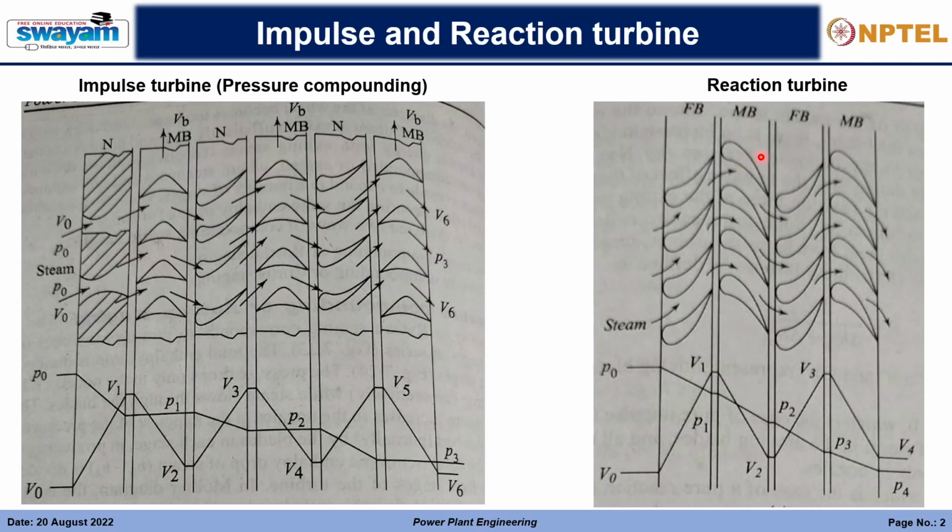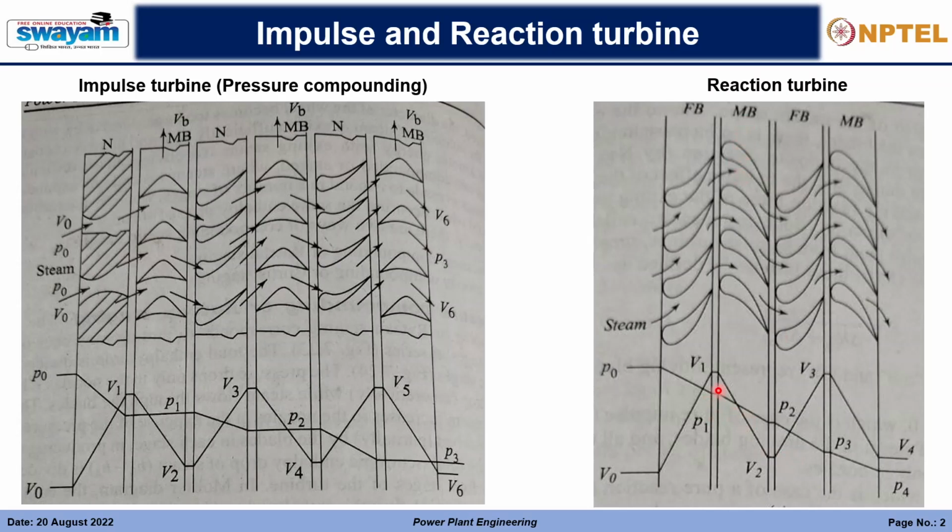The moving blades are actually aerofoil shaped. By aerofoil I mean the wings of a plane, right? An upward force is exerted upon the wings because of the shape that it has. So the moving blade is also made in such a way that the steam flowing through the moving blades imparts a reaction force onto them.